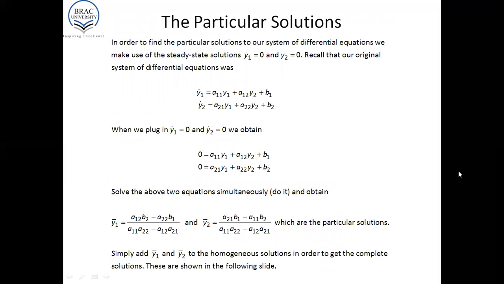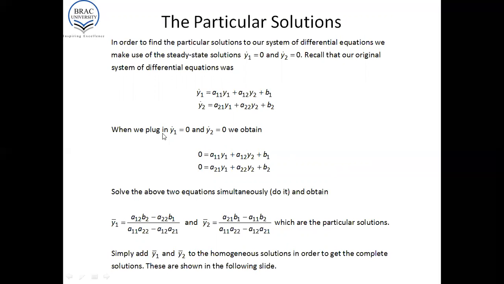Now, what about the particular solutions? We make use of the steady state solutions, Y1 dot equal to 0 and Y2 dot equal to 0. Recall that our original system of differential equations was Y1 dot equal to A11 Y1 plus A12 Y2 plus B1, and Y2 dot equal to A21 Y1 plus A22 Y2 plus B2.